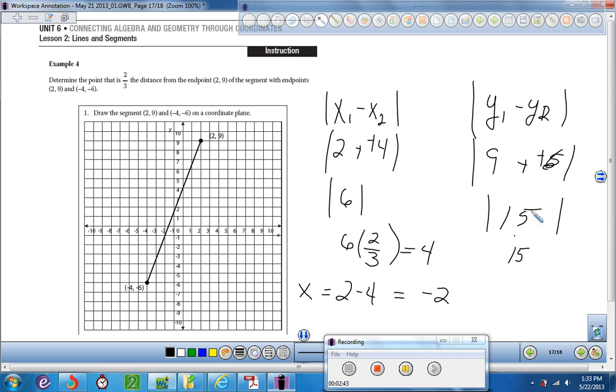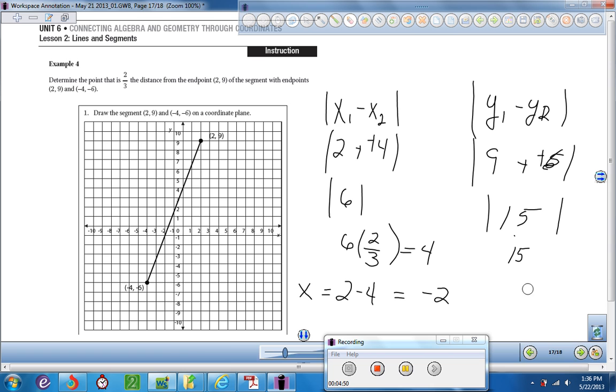Now that we've found that to be 15, we're going to come down in y again, so we're going to subtract. Sorry, we're not going to subtract yet. We have to multiply by the 2/3.